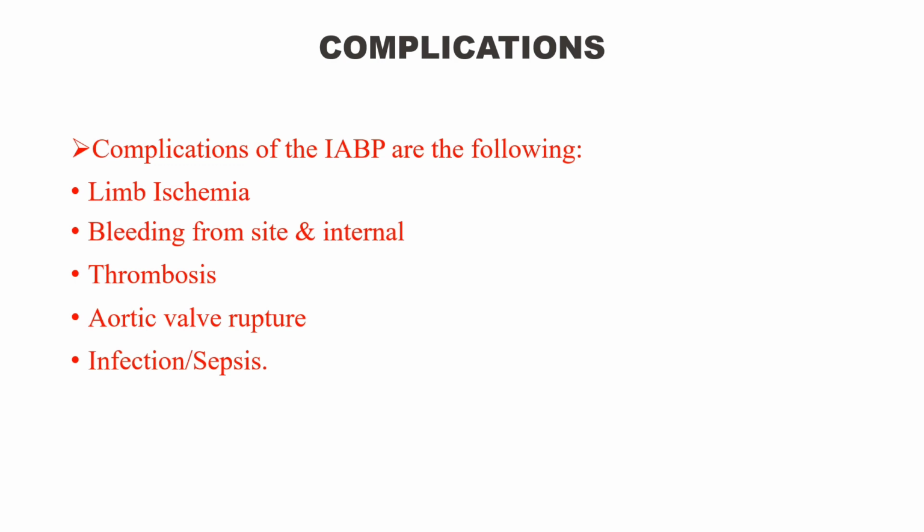Another complication is bleeding from the site and internal bleeding, thrombosis, aortic valve rupture, and incorrect positioning of the balloon, which might cause injury to the kidneys or other problems. And finally, infection and sepsis.